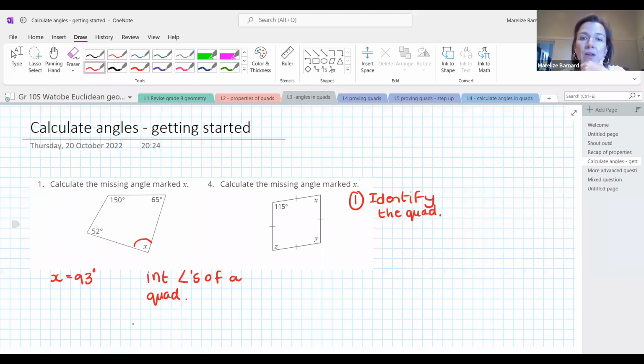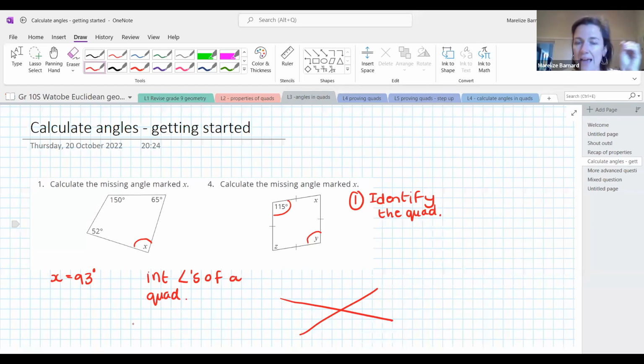Now, what have we got here? Guys, vertically opposite angles only work on straight lines that cross. Vertically opposite angles don't have anything to do with opposite angles like this. Okay, let's clear that up as well.